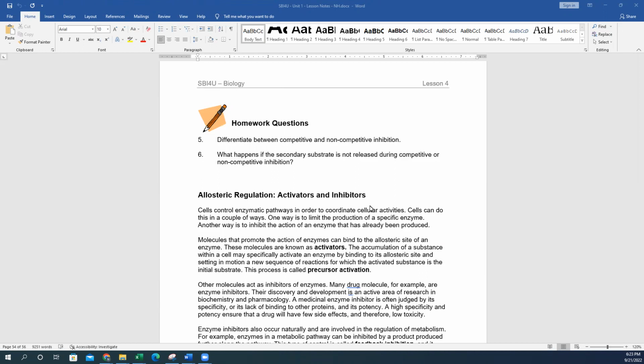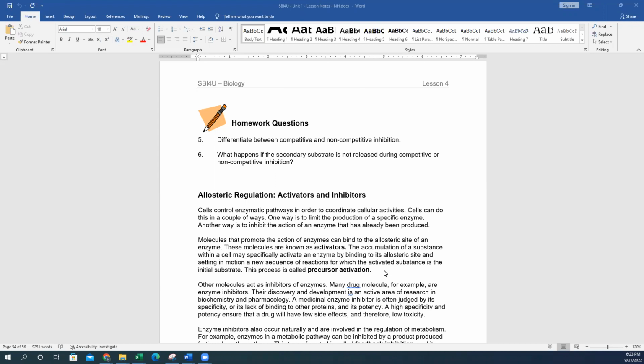And cells control their enzymatic pathways in order to provide a level of coordination within the cell of all the different reactions and pathways and activities that are going on in the cells. And cells achieve this in a couple of different ways. One way is to actually limit the production of a specific enzyme.